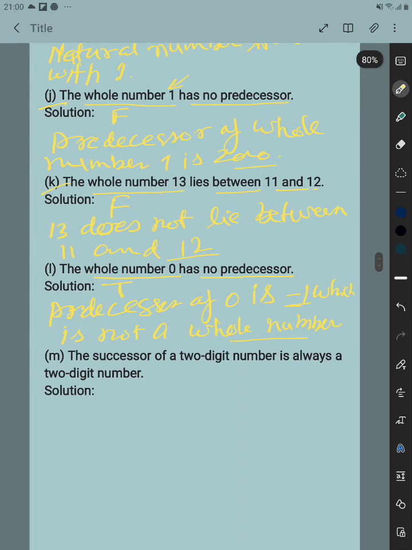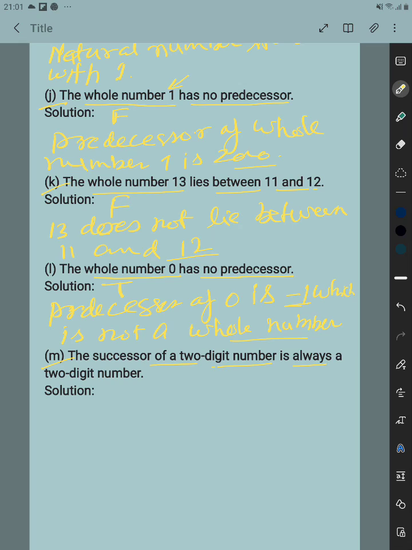Now we have come to the last part of question 8 and the last question of exercise 2.1 also. The successor of a 2-digit number: we can find the successor of any number by adding 1.